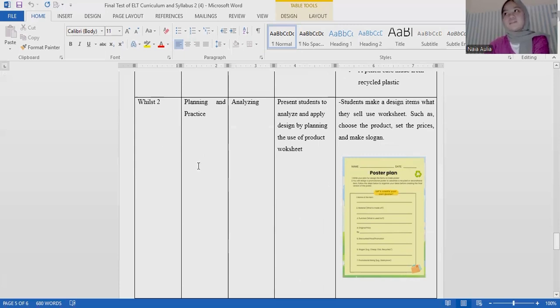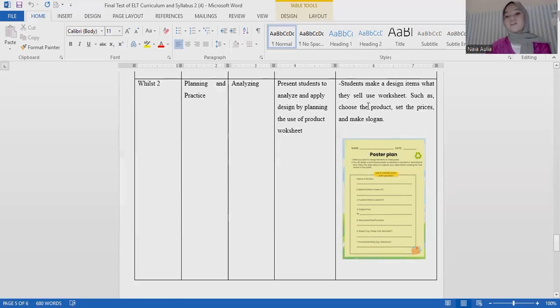This stage involves more higher order thinking skills, because students should apply their earlier learning with critical thinking. In this activity, I want my students to design the items they sell using a worksheet: choose the product, set the price, and make a slogan.